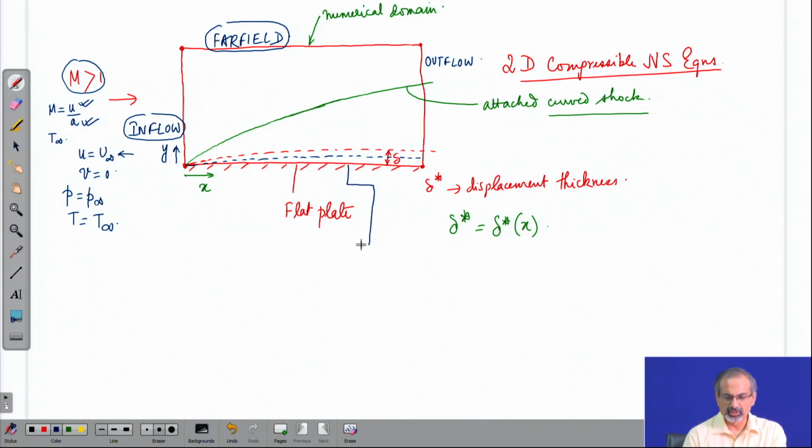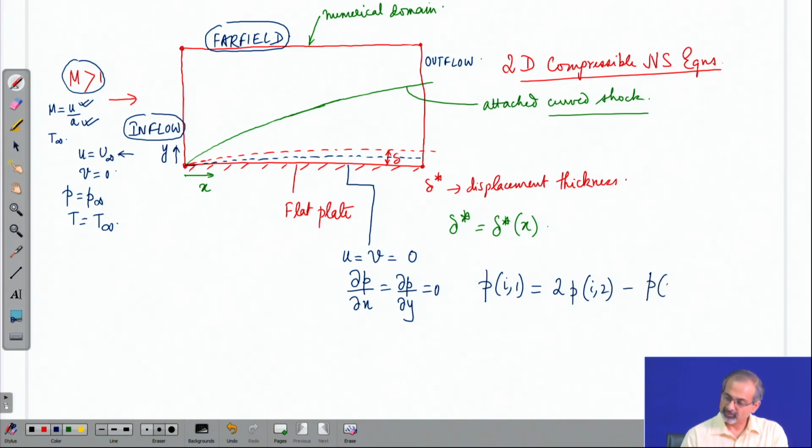That brings us to conditions at the wall. At the wall, of course, by virtue of the no-slip condition, u equal to v equal to 0, we impose normal pressure gradient equal to 0, which defines the pressure at the wall. A second order accurate expression for the pressure at the wall would be like this.